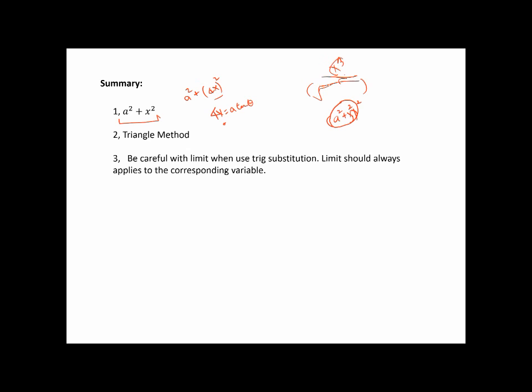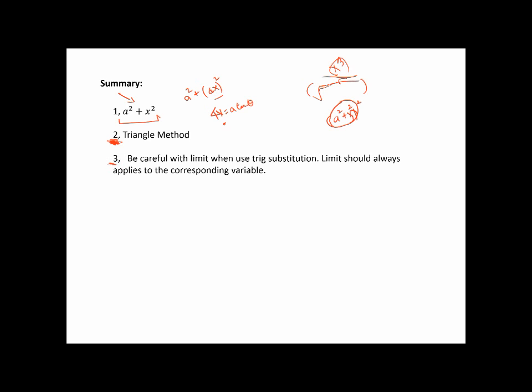For what's outside, you just plug in your substitution. You can later find a formula or cancel something out. So this is our key part. Second, the triangle method: how to set it up. You can find the method in the last video, which I already mentioned.